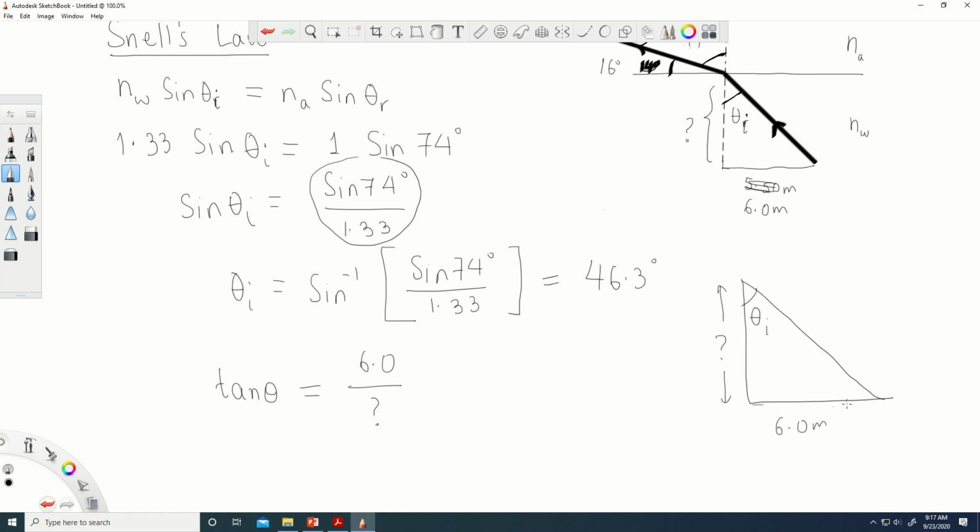This is the opposite, because our angle is that, so the opposite of that is that. So the question mark would be 6 over tan 46.3 degrees, and that will give me my answer. So let's find that out.